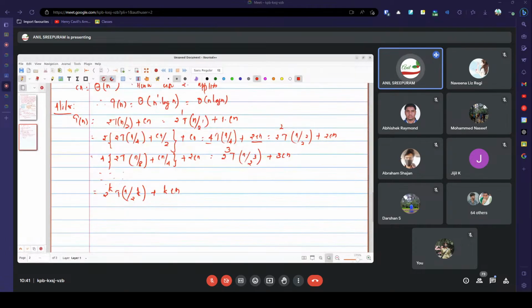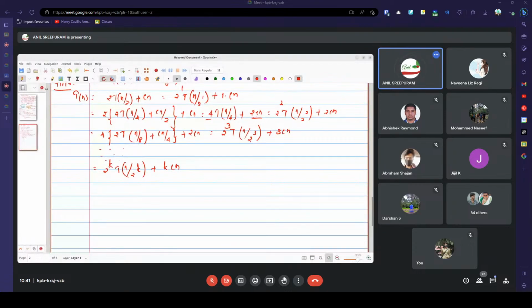Now let us apply the termination condition. When n by 2 power k equals 1, T(n/2 power k) equals T(1).